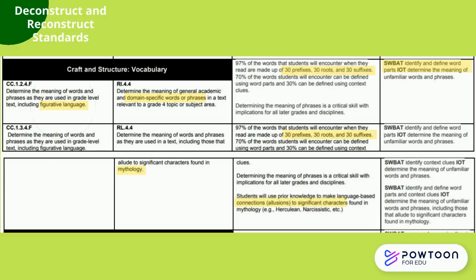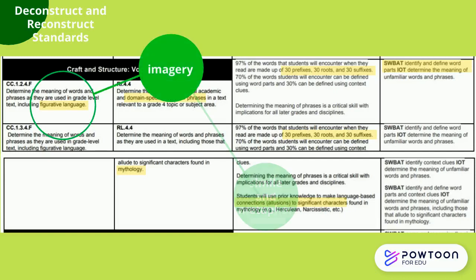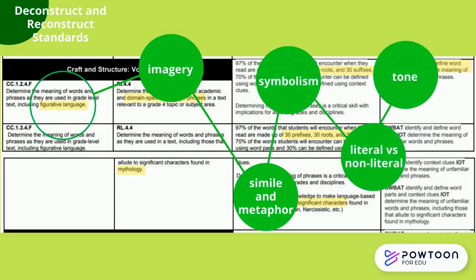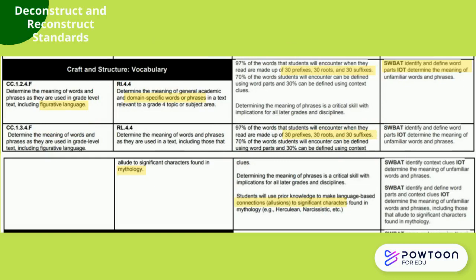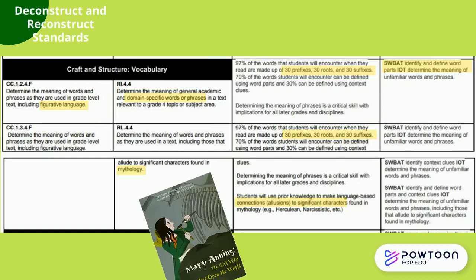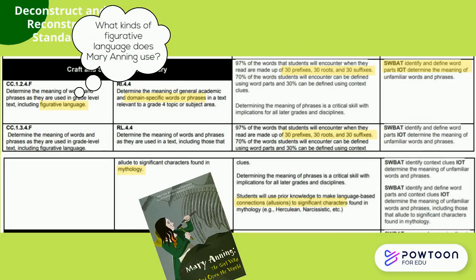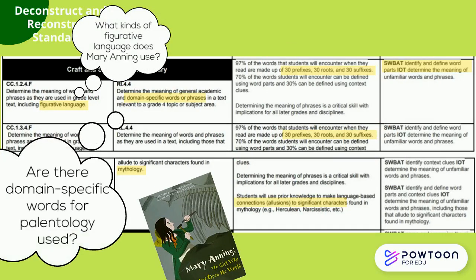For instance, in figurative language alone, there are many hidden skills. So, when I read Mary Anning, I will look for what the text offers in terms of figurative language. I will keep an eye out for domain-specific words since I know it is a biographical text.